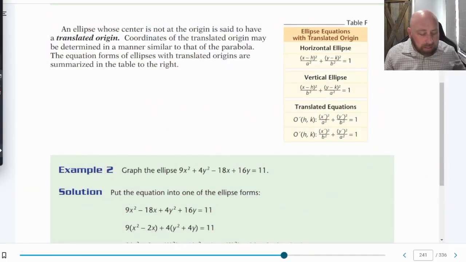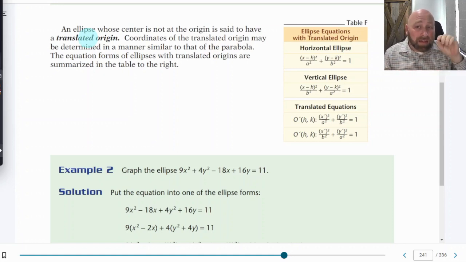So translated origin, what does that mean? That means that the center point of the ellipse is moving. Now, there are multiple ways to graph these, but the easiest way is, once you figure out your translation, you just translate the origin. You just move the origin over into another spot.